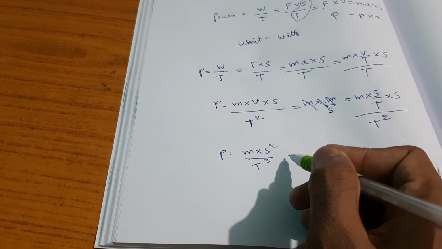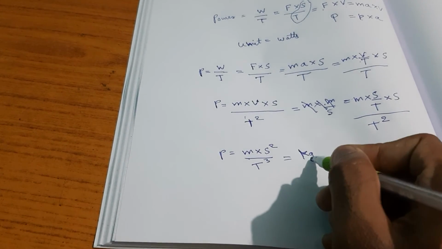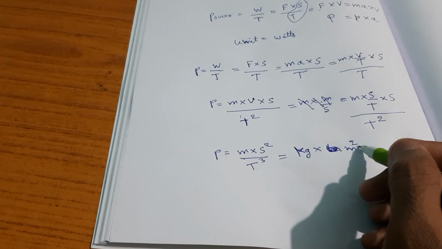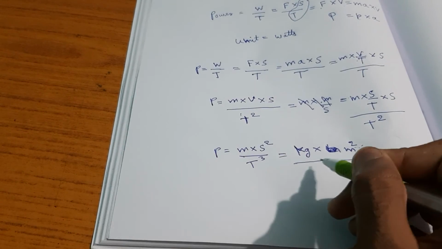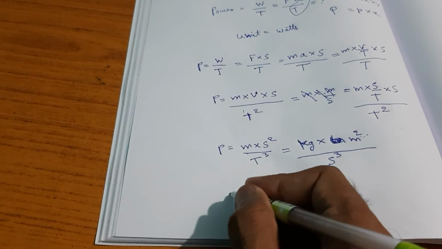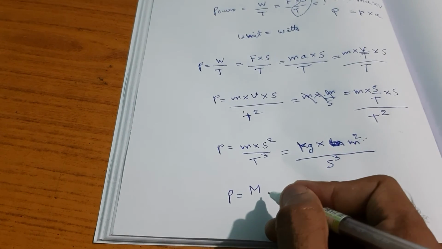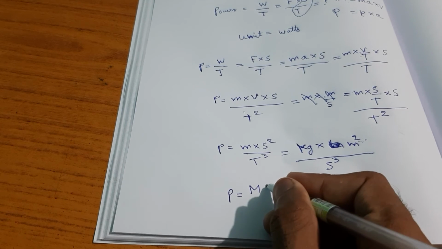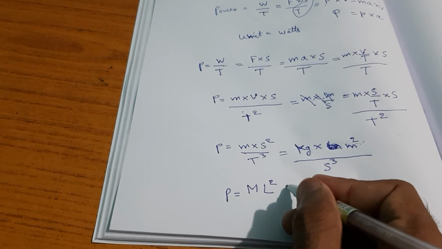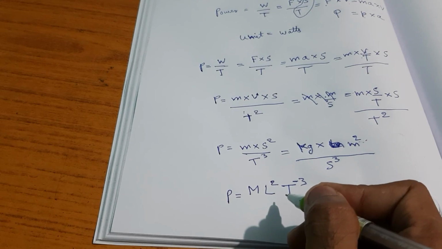If we write it in dimensional form, mass can be written as kg, distance square as meter square, divided by time cube as second cube. So power is equal to kg, which is mass, and meter is simply length, so length square, and inverse of cube of time, that is time to the power minus 3. So this is the dimensional formula of power.